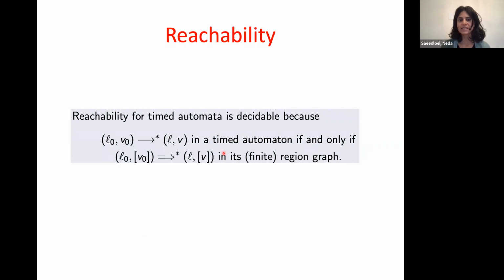That will be translated to answering the question whether in the corresponding region graph, it is possible to go from the initial region to some region such that my final clock valuation is a valuation inside the equivalence class corresponding to it.